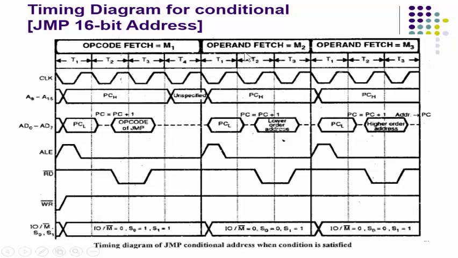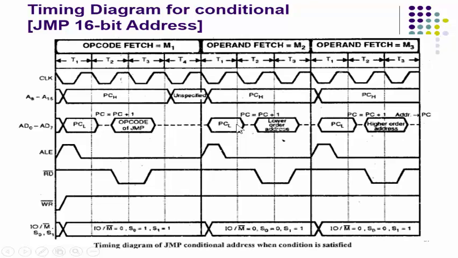So this is the timing diagram of the jump instruction, or conditional jump, when the condition is true or satisfied. In case of satisfied condition, it requires 3 machine cycles: opcode fetch machine cycle, operand fetch, and operand fetch machine cycle. In the opcode fetch, the opcode for the jump instruction gets fetched from the memory.